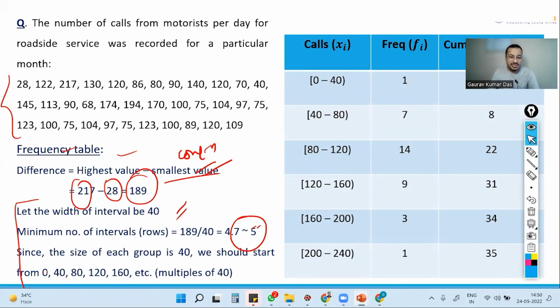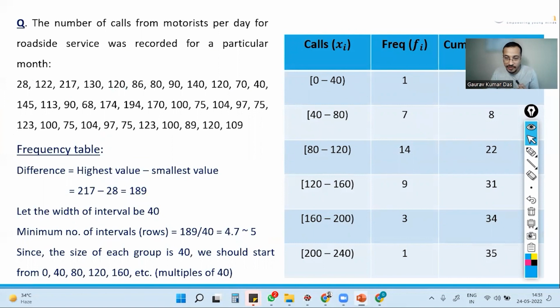But this process, you do not need to remember at all, because this is something which Python will automatically do. You don't need to go into those mathematical details. All we need to understand is what kind of process I use, how the frequency is calculated, and why the intervals are created for this kind of data set. That is what is more important for you to understand. That is all we had for frequency calculation.